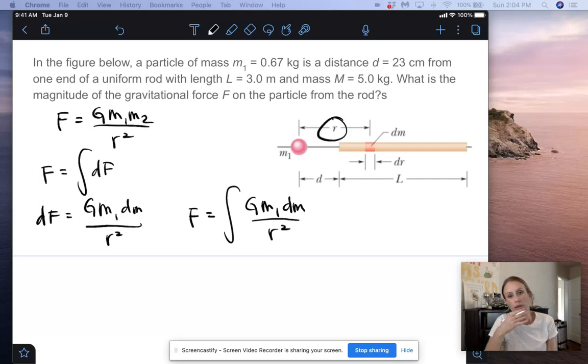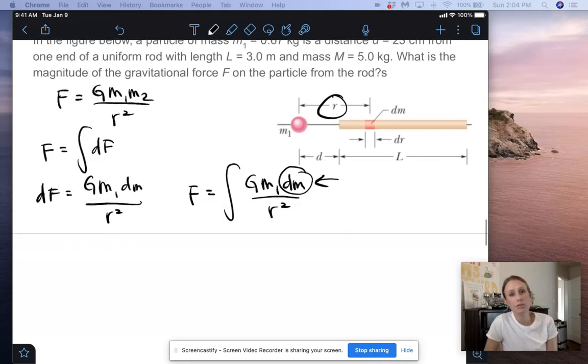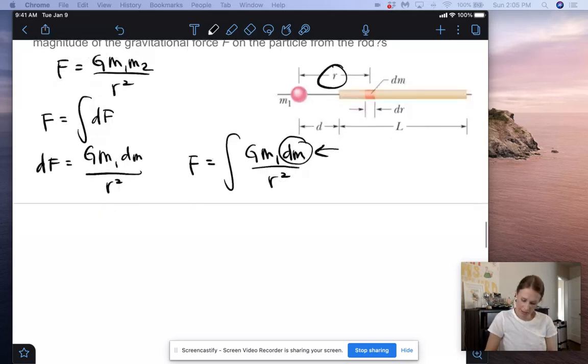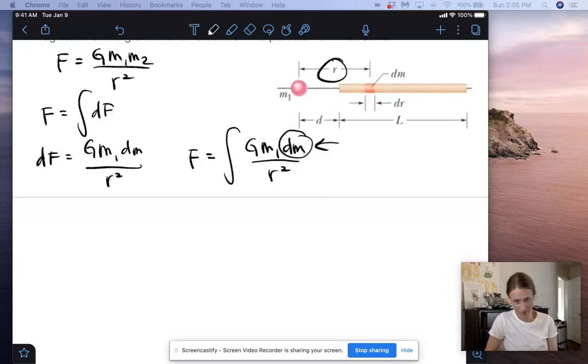So instead of having dm here, I need dr, because I want to integrate with respect to r. What we do is use that linear mass density that we talked about when we derived the rotational inertia of certain objects, if you remember that from a couple chapters back.